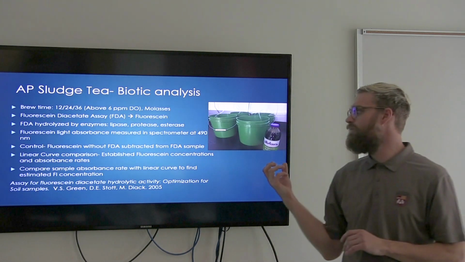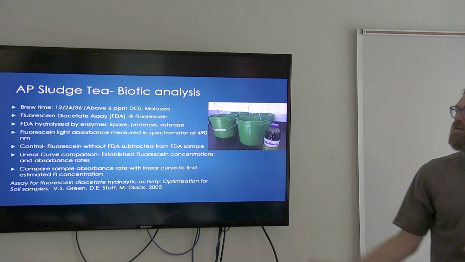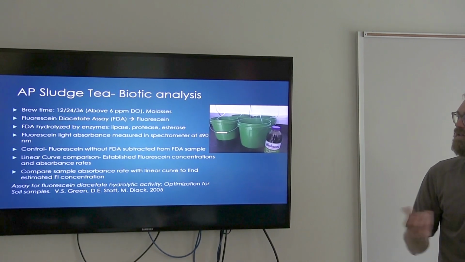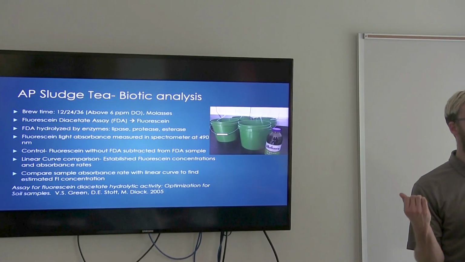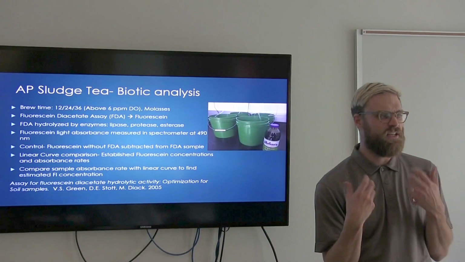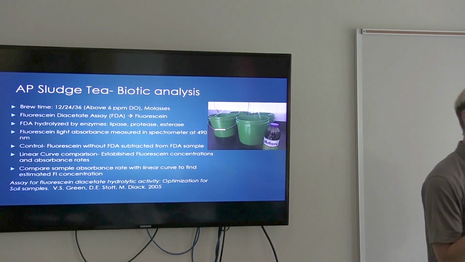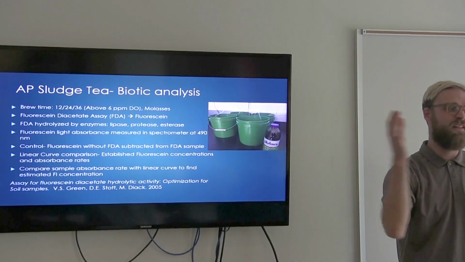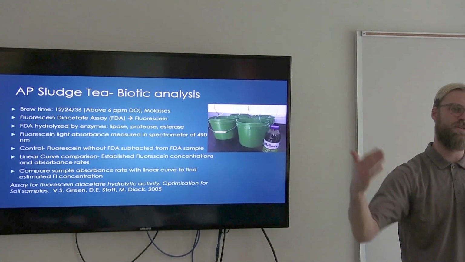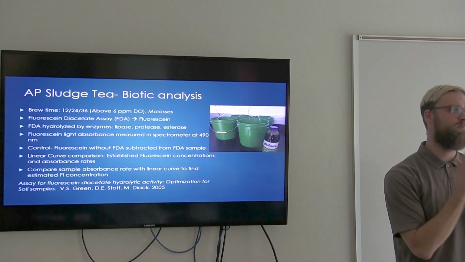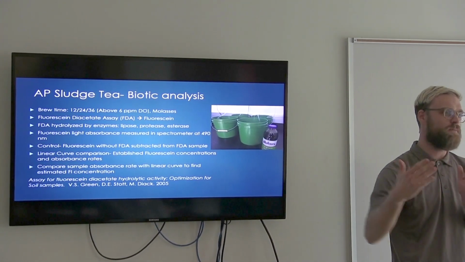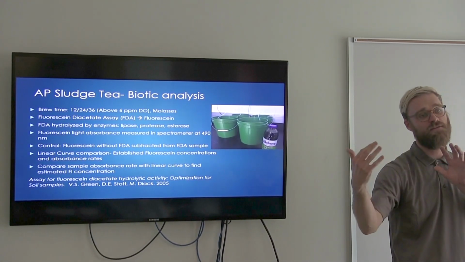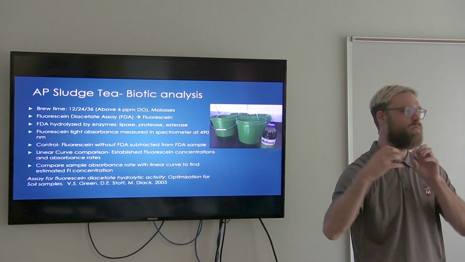When you add water to FDA, it produces this fluorescein, which can be visualized in the microbial cells. So you have a color spectrum that's produced that can then be compared using a spectrometer. You can measure light absorbance, which gives you a comparative analysis of microbial activity.